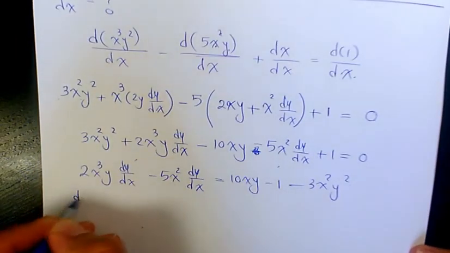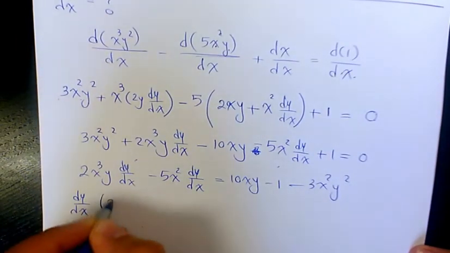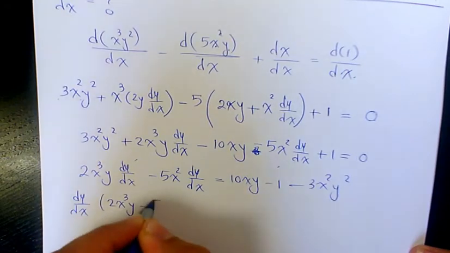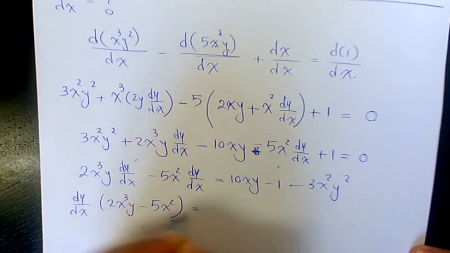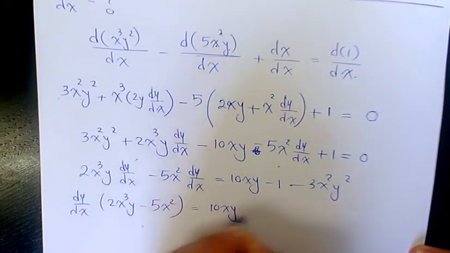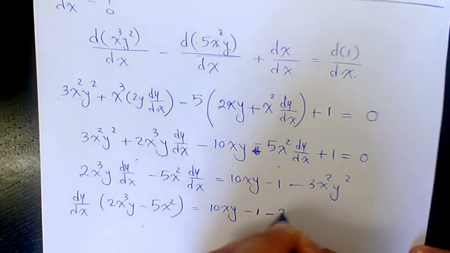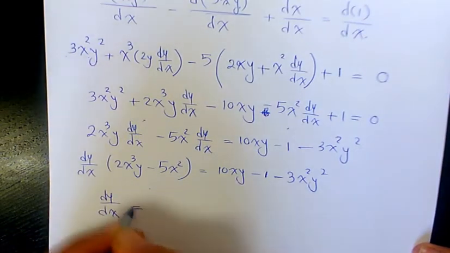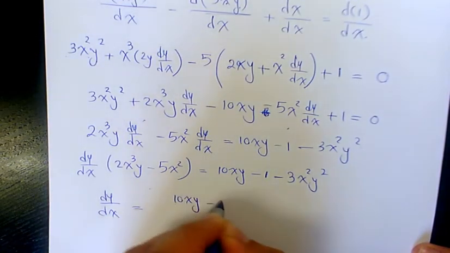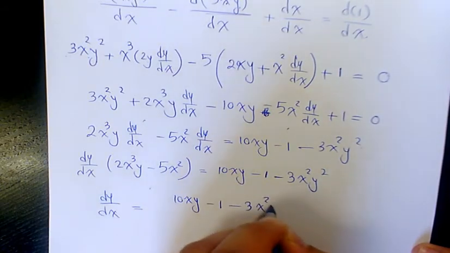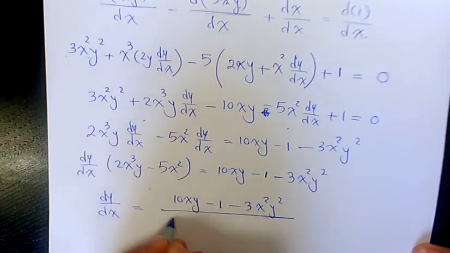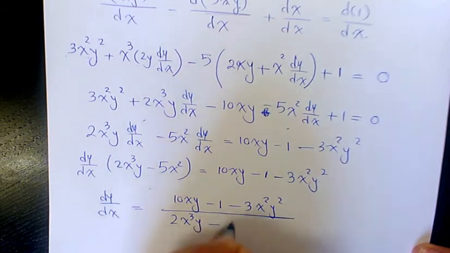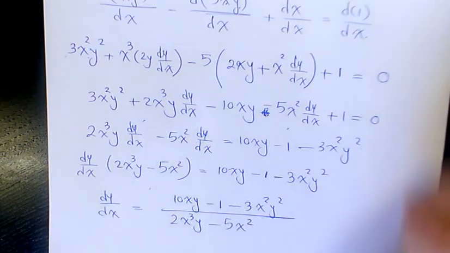Then I factor out dy over dx: 2x cubed y minus 5x squared equals 10xy minus 1 minus 3x squared y squared. So dy over dx will be 10xy minus 1 minus 3x squared y squared, divided by 2x cubed y minus 5x squared.